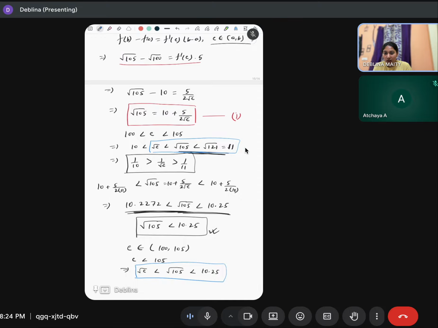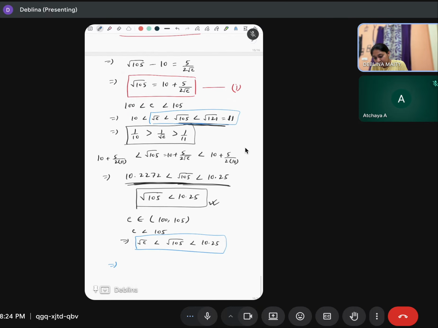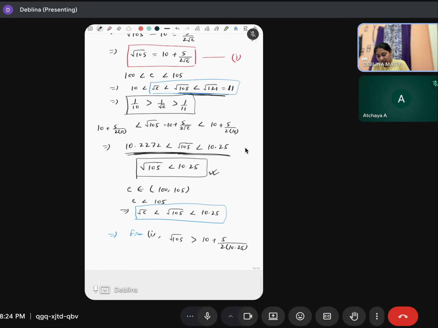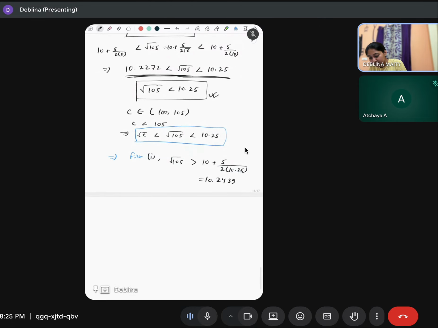Since this is smaller, if we use this bound of c, then from equation 1 we'll get root over 105 is greater than 10 plus 5 by 2 into 10.25, right? And this number will be 10.2439, right? So now they are close.